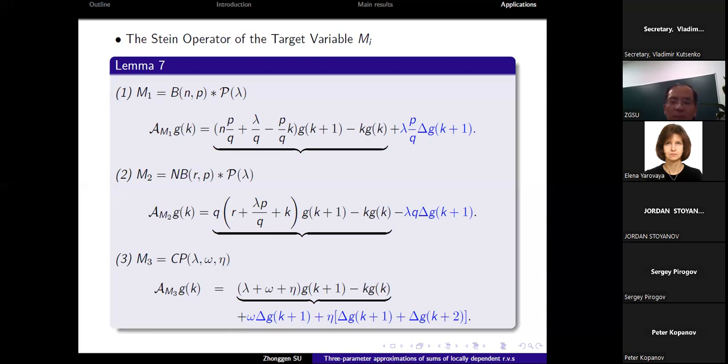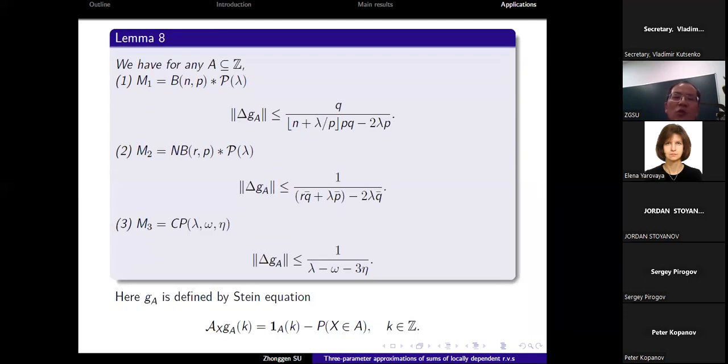This is known in the literature. As you see, there are two parts for each Stein operator. The blue part is the perturbation error part. We can use the following lemma to control the perturbation error term.